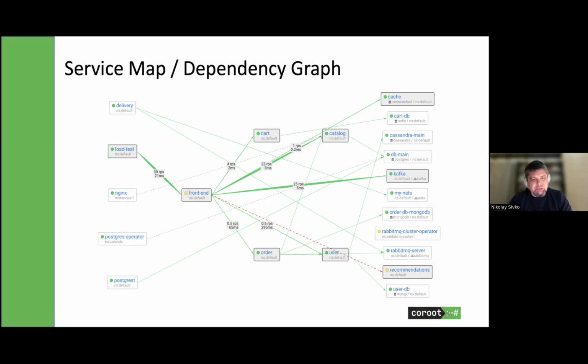And we use this service map not only as a visualization of our system, but also to traverse this graph. For example, we see some anomaly here. We can understand that we need to check this service, then the front-end service, and all its dependencies. And if we look at any step, we can understand quickly what happened there.